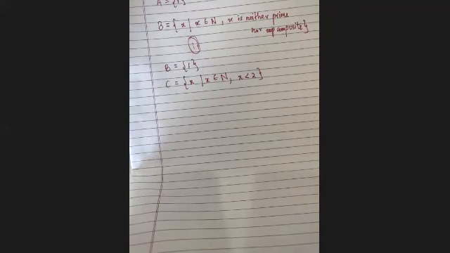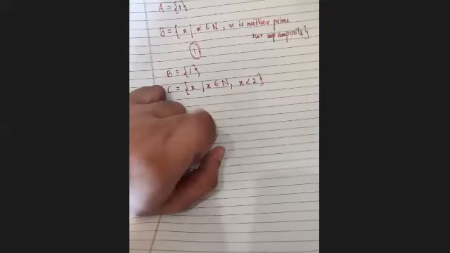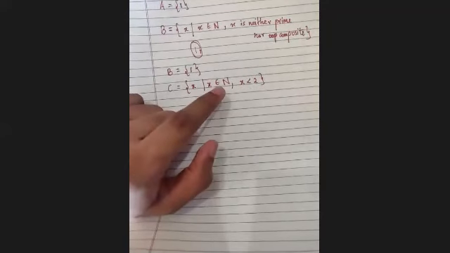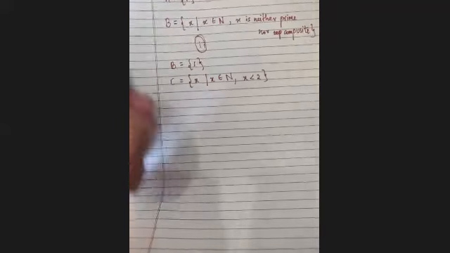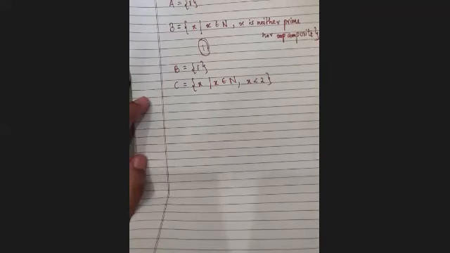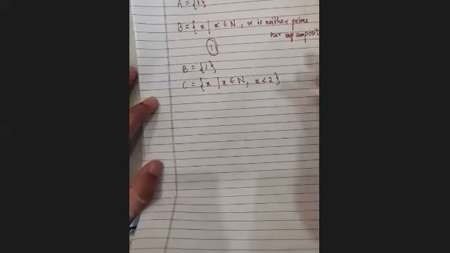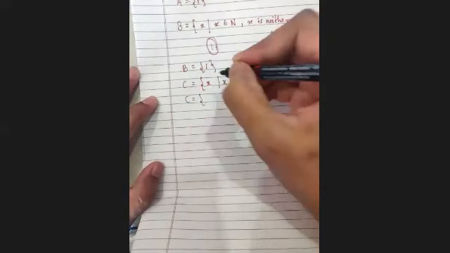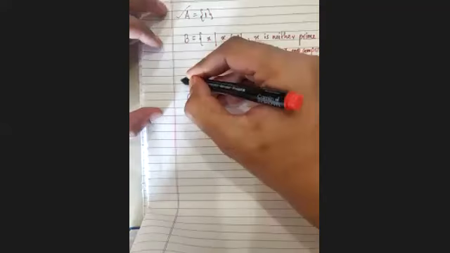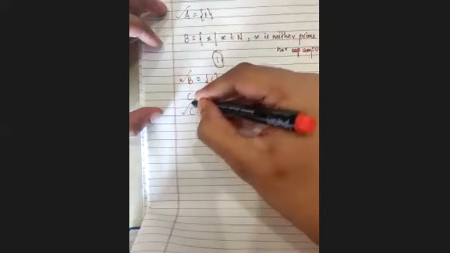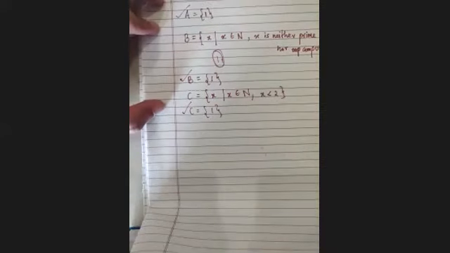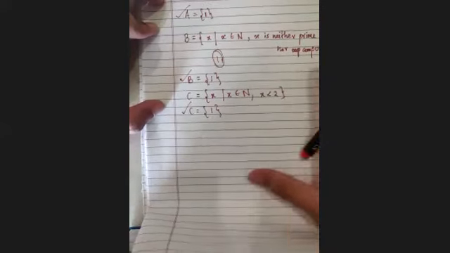C is set of all x such that x belongs to natural number. नहीं, नहीं, sorry, less than 2. हाँ, तो x नेचुरल नंबर है और x 2 से छोटा। कौन सा नेचुरल नंबर 2 से छोटा है? 1. तो सी के अंदर क्या आएगा? 1. तो तीनों को देखो, ए को देखो, मैं टिक मार्क कर रहा हूँ, ए देखो, बी देखो और सी देखो, और मुझे बताओ क्या तीनों सेट्स इक्वल है? Yes, sir. तीनों equal है.